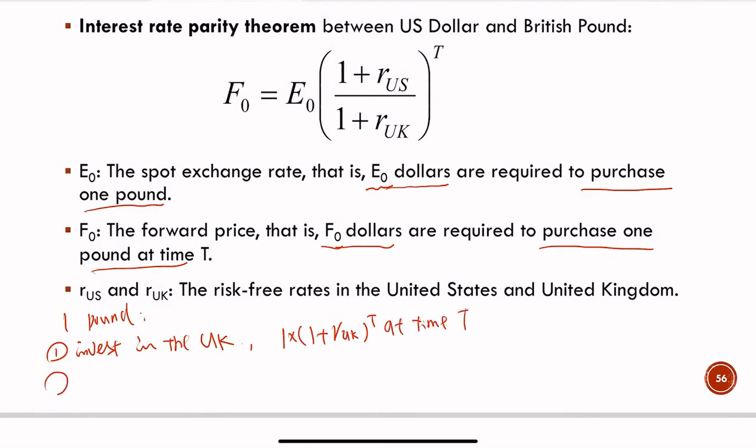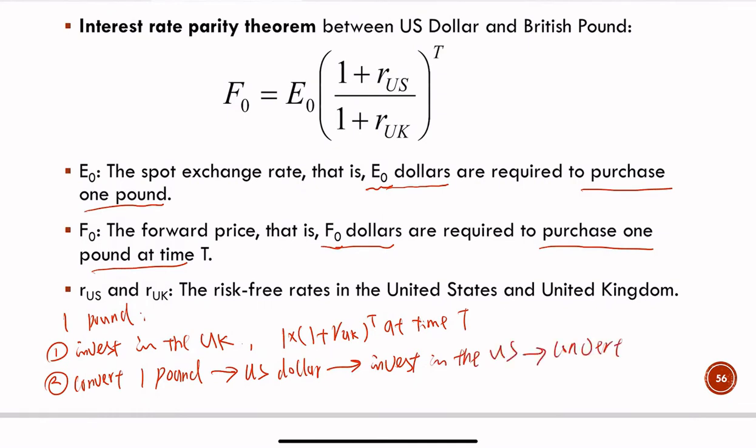Hey, but you have a second way to invest. You can convert 1 pound into US dollars, and then you will invest in the US, and then you will convert it back to pounds, right?